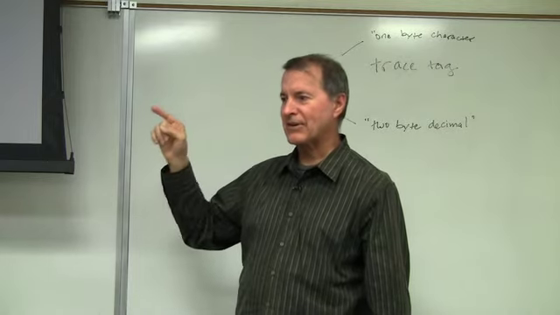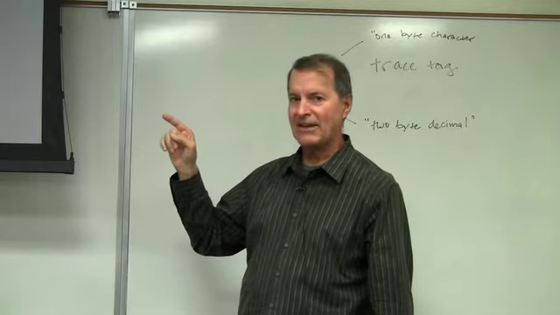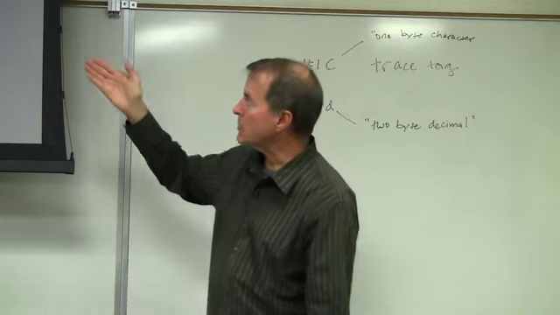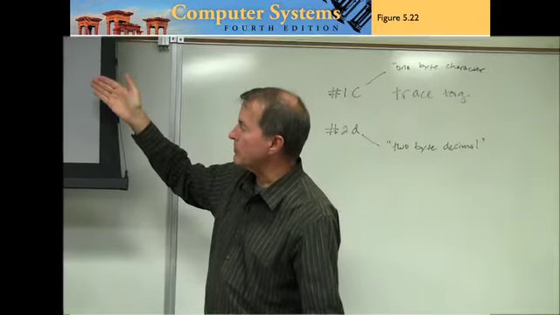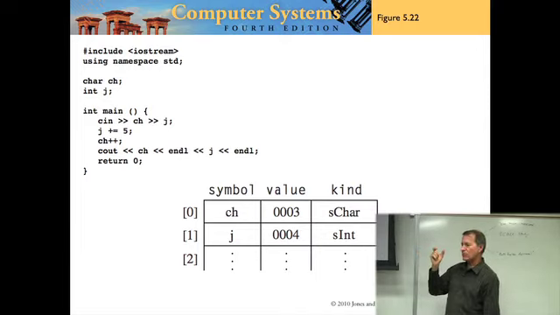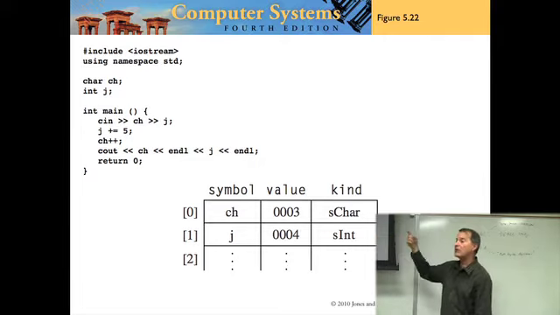The compiler is the program that creates for us types at level 6. And the way it does it, if you look here on figure 5.22, when we said char ch, when the compiler goes through and scans that char ch, what does it notice ch is? It notices that ch is a type char.